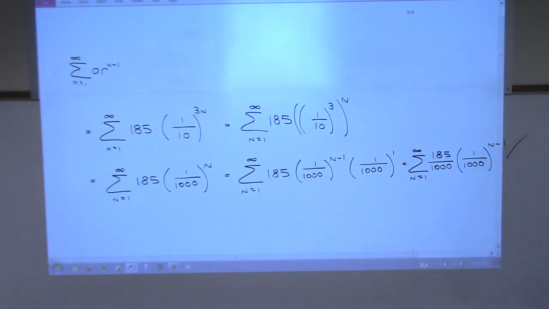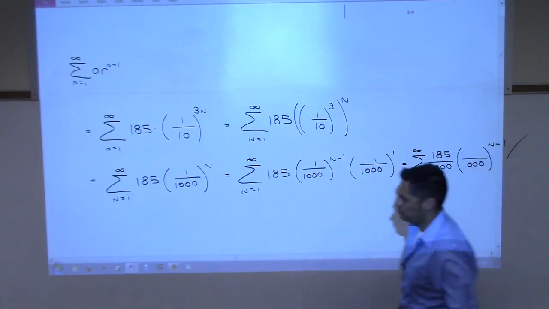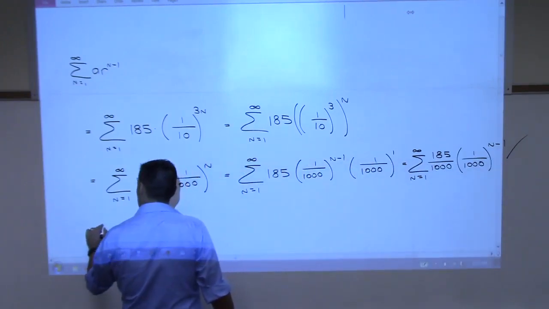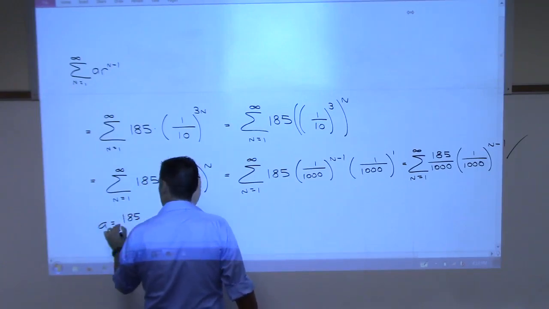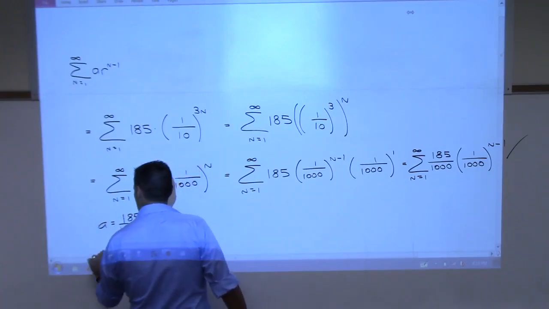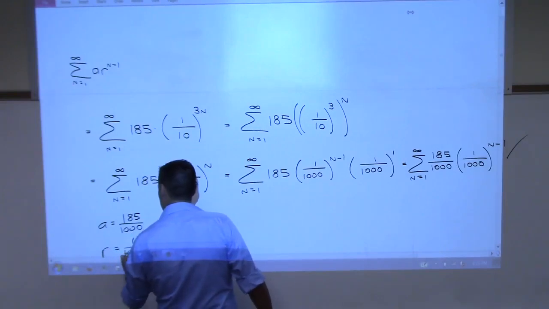Check, I've got geometric now. Got the formula, I can identify A and R. What's A? 185 over 1,000. What's R? 1/1000. That's smaller than 1. It converges. So geometric, A is 185 over 1,000, R is 1/1000th.